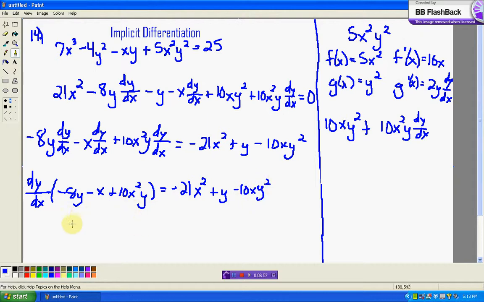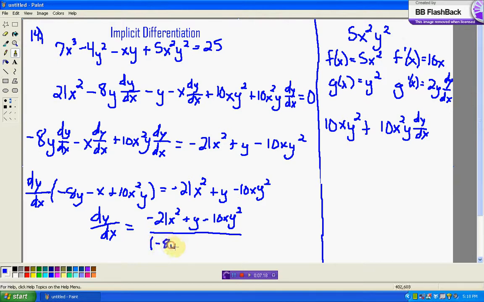Alright, then you divide both sides by the term that is with your dy dx. So dy dx equals negative 21x squared plus y minus 10xy squared divided by negative 8y minus x plus 10x squared y.